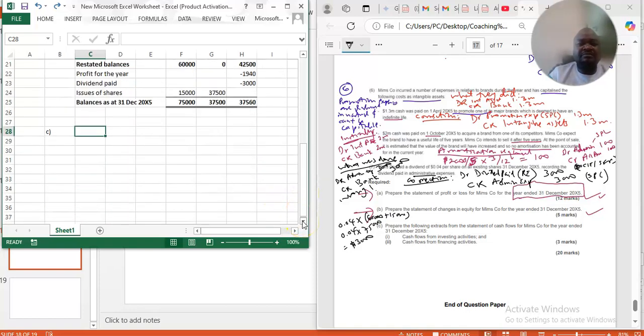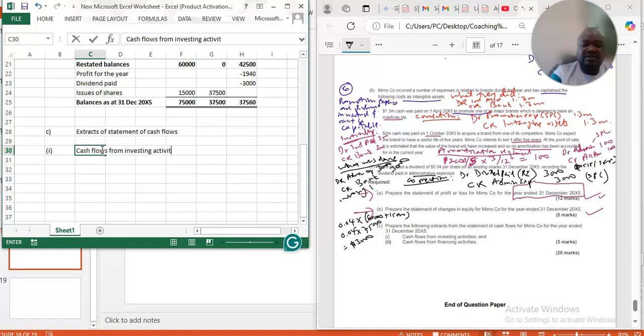So let's now do the extract of the statement of cash flows. We are starting with the cash flows from investing activities. So this is part C1, cash flows from investing activities.